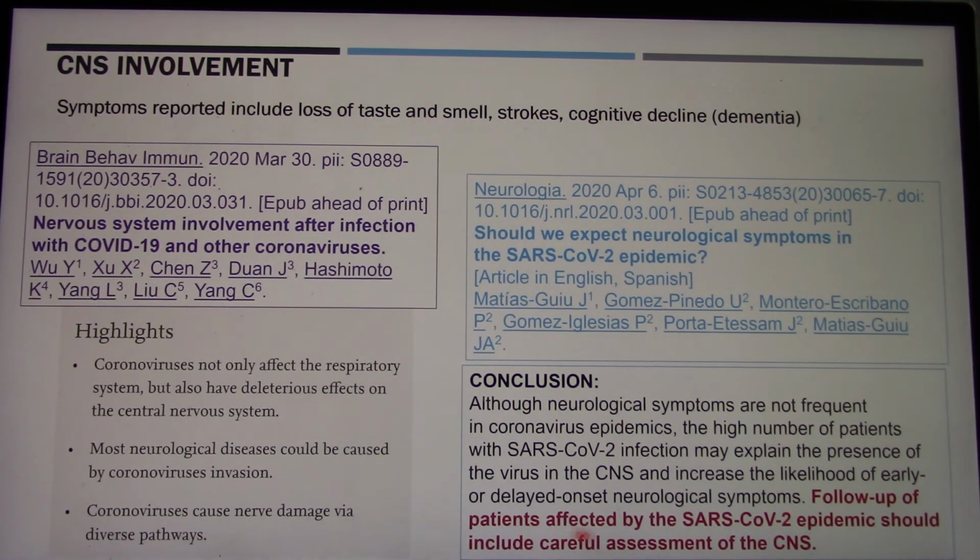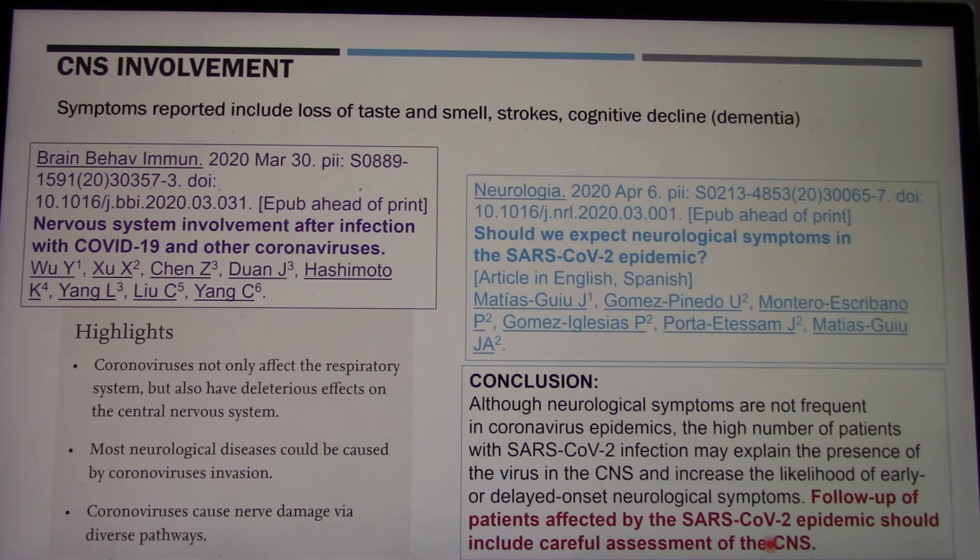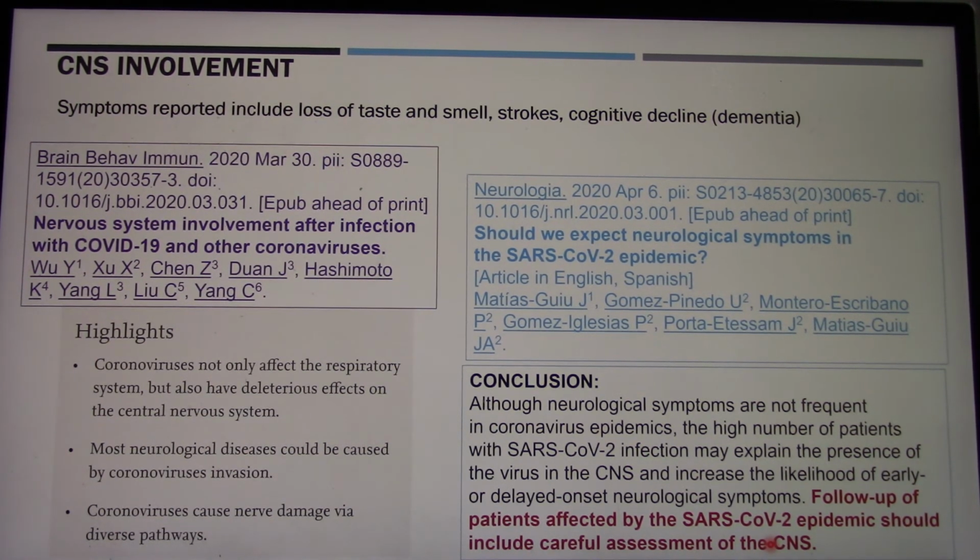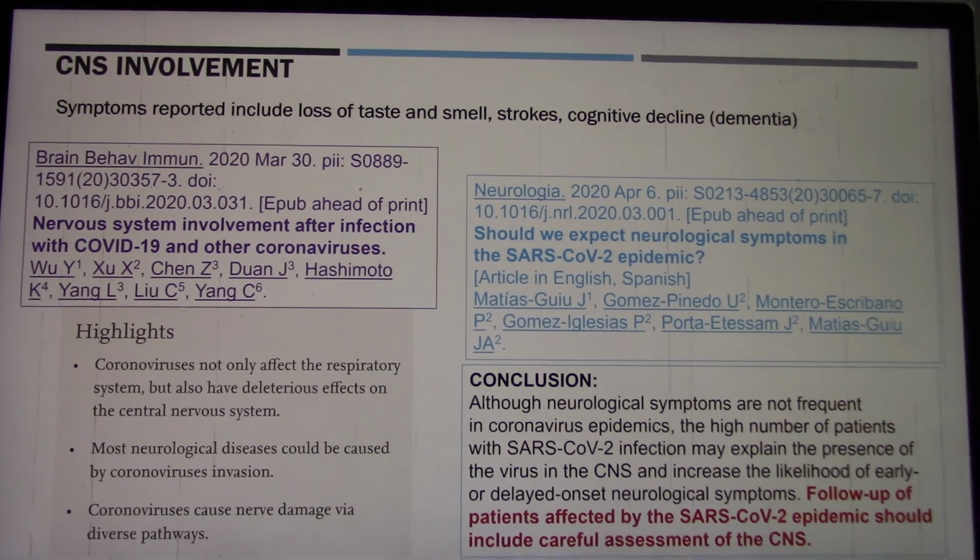Follow-up of patients affected by this COVID-19 epidemic should include careful assessment of the CNS, the central nervous system. So somebody should investigate whether it affects developing embryos, fetuses. It's unknown at this time. But since it can cause most neurological diseases, you just have to check it out.